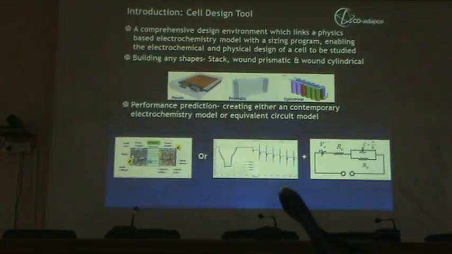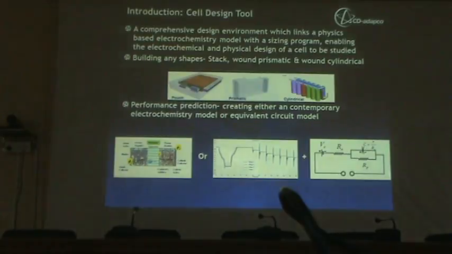In Battery Design Studio, you can build these three shapes. It is a preloaded software. By preloaded, what I mean is you have all the materials which are generally used in the lithium-ion industry already loaded along with their properties, and you have a set of cells which are already available, be it stacked, prismatic or cylindrical.